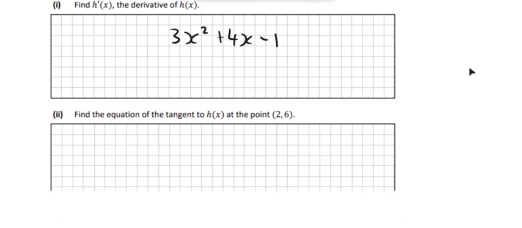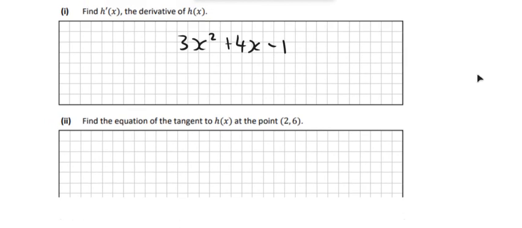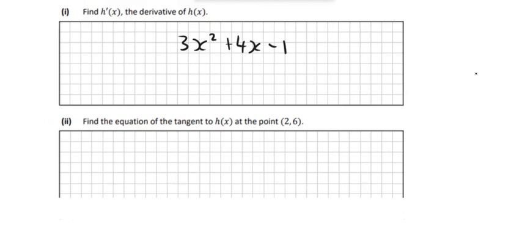Find the equation of the tangent to h of x at the point. Okay, so first thing we need is the slope of the tangent, and we get that from dy dx. So we already know what the derivative is. So h dash x is equal to 3x squared plus 4x minus 1.